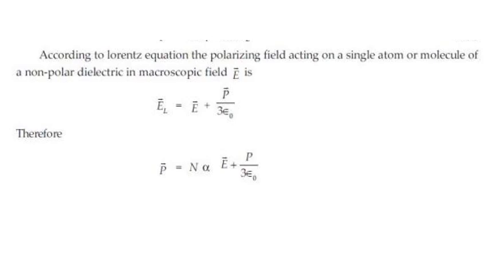And therefore, the polarization can be written as P is equal to N alpha into E plus P upon 3 epsilon 0.